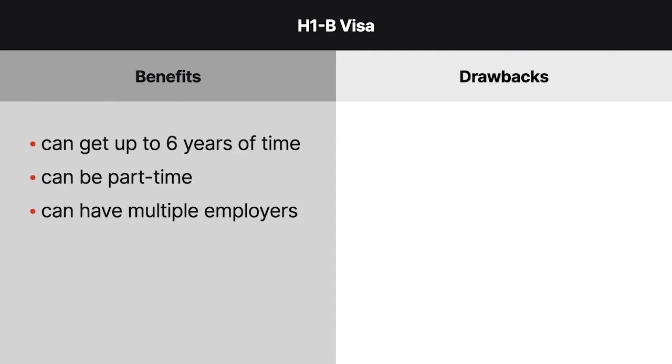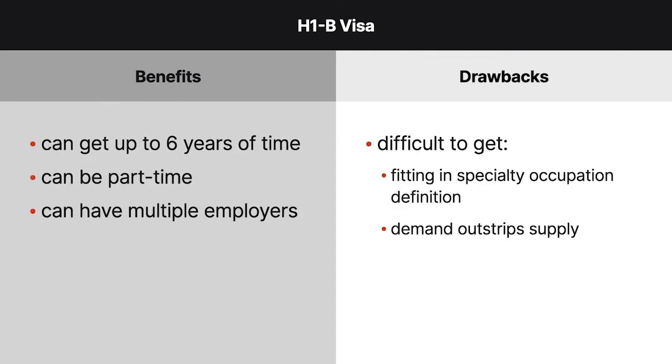So now that we've defined specialty occupation in the broad sense, what are the benefits? Why do your clients want this visa? Well, for one, they can get up to 6 years in H1B time, possibly more if they've spent some of that time outside the United States, or if they have a pending green card application. We'll touch on both of those situations a bit later. But other benefits include the fact that this can be part-time.